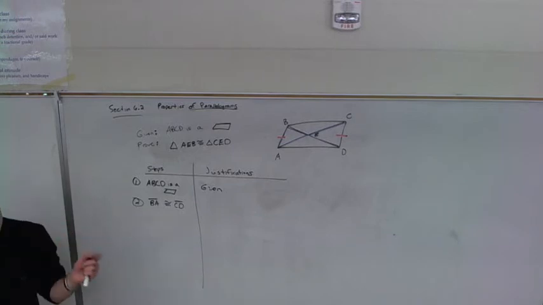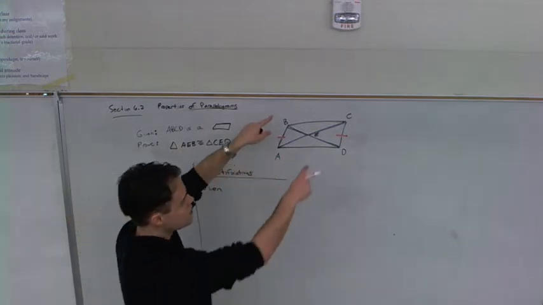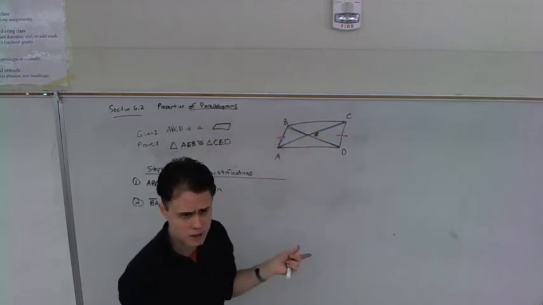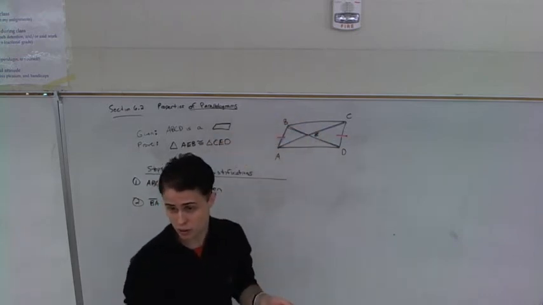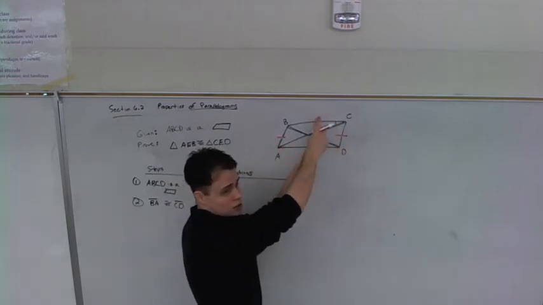We had opposite angles were the same, angles that are consecutive add up to 180, and diagonal stuff. Did we have that? We didn't, but that's one as well. I think this is one you could just think of yourself. If you've got a parallelogram, besides these being parallel, they're also the same size, aren't they? So that's like a fourth thing that you know. These sides have to be the same, and these sides have to be the same.